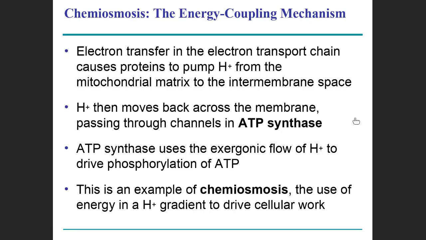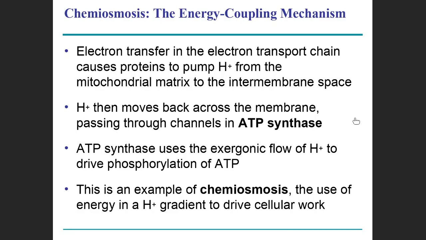In this case, it's the movement of those hydrogen ions through the ATP synthase. That physical movement of hydrogens is an alternate form of energy. And so ATP synthase uses the movement of hydrogens to catalyze the reaction to make ATP.